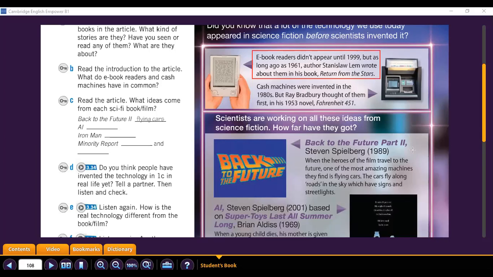Ebook readers didn't appear until 1999. So this should be quite new for us because they weren't so popular here in Ecuador. No fueron tan populares en Ecuador, incluso los pocos e-readers que había eran de Amazon o de gente que podía traerlos de Estados Unidos, pero aquí en América no se popularizaron tanto los ebooks.